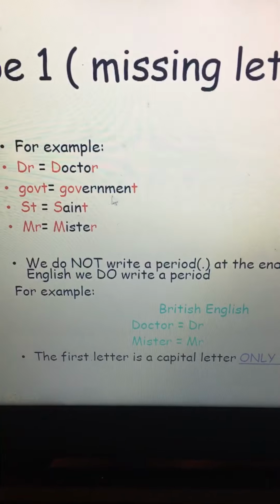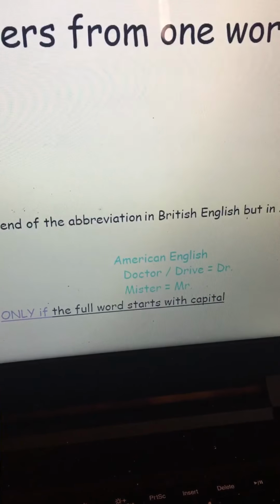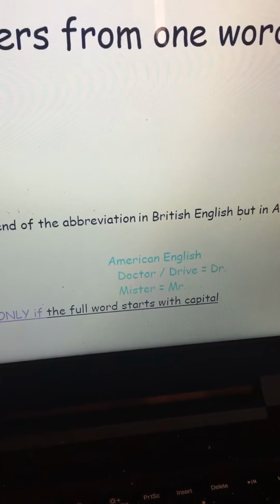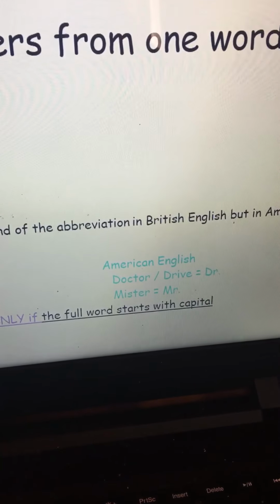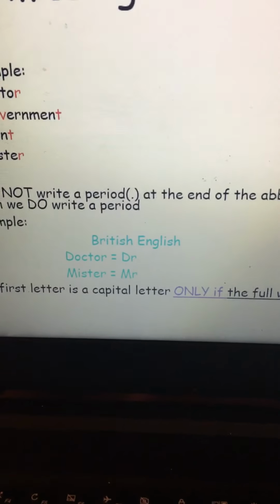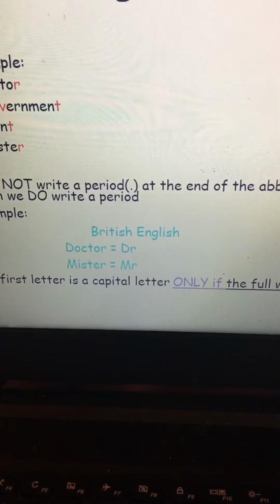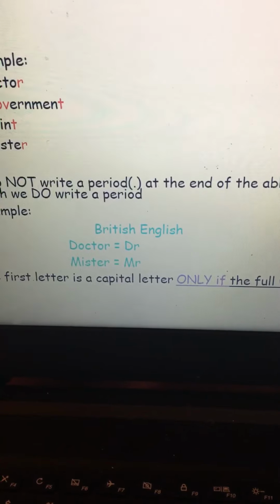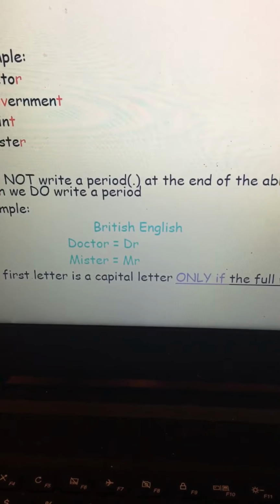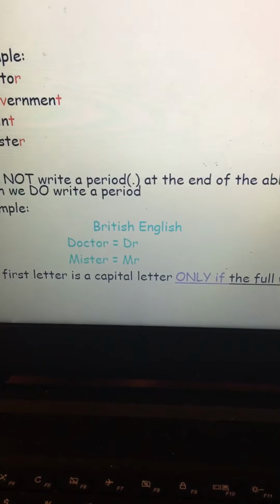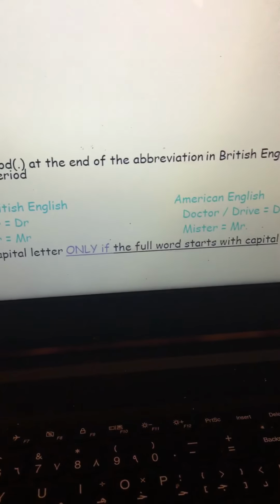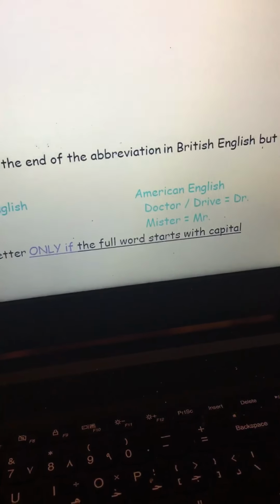Therefore, using contractions in American English, we always add a period after abbreviations, as you can see. However, in British English, we do not use periods. Remember, the first letter is a capital letter only if the full word starts with a capital.